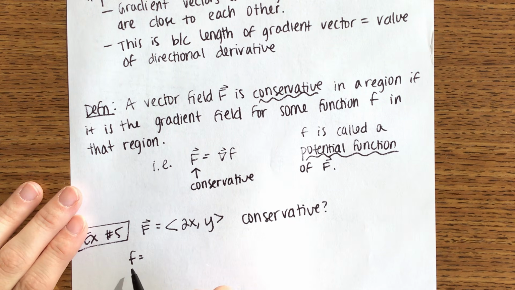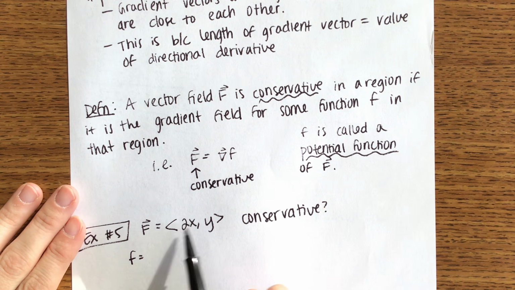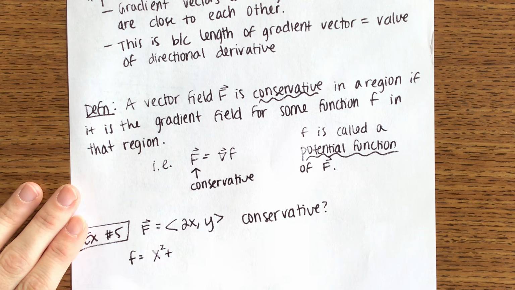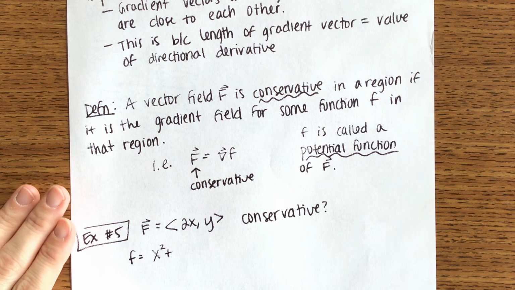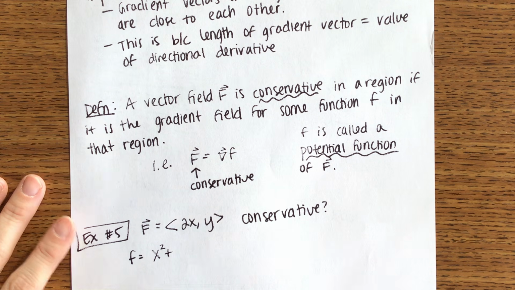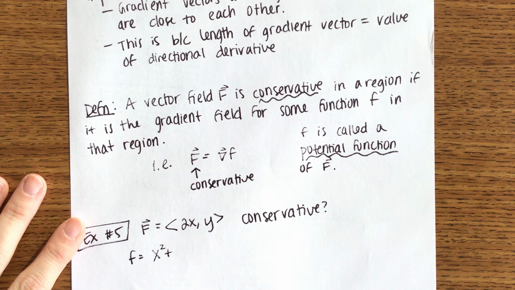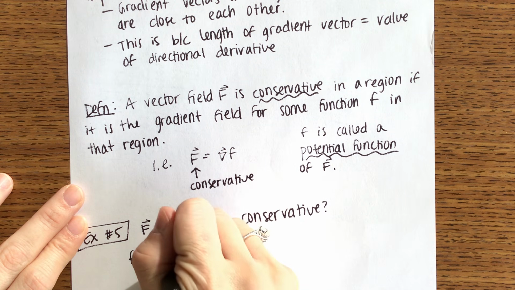Is there some function that when I take the partial with respect to x, I get 2x? What's that going to have in it then? X squared. It also needs to be the case that when I take the derivative with respect to y, I get just plain old y. 1/2 y squared.